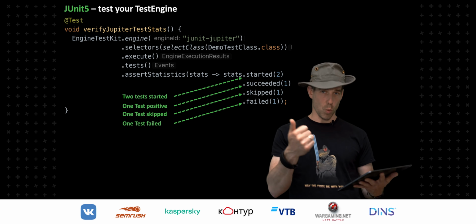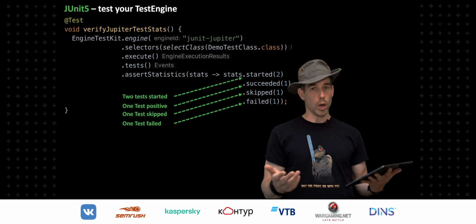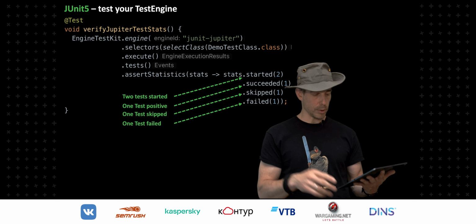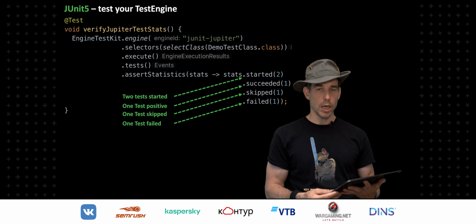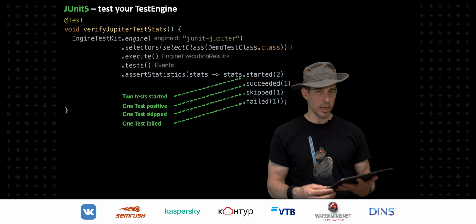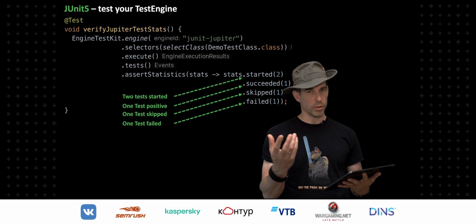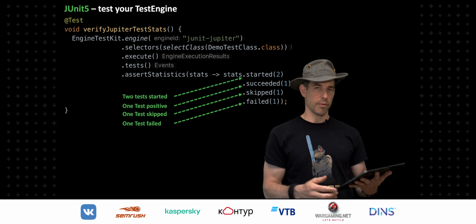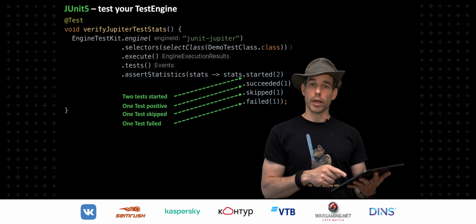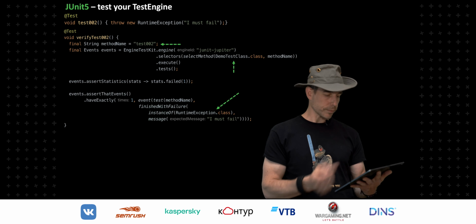Succeeded 1, yes. Skipped 1, yes, it was the disabled one. And then failed 1, this was a runtime exception. What I checked right now is just if the general behavior was okay. So I have here this declared test, and everything happened in the way I thought it should be.